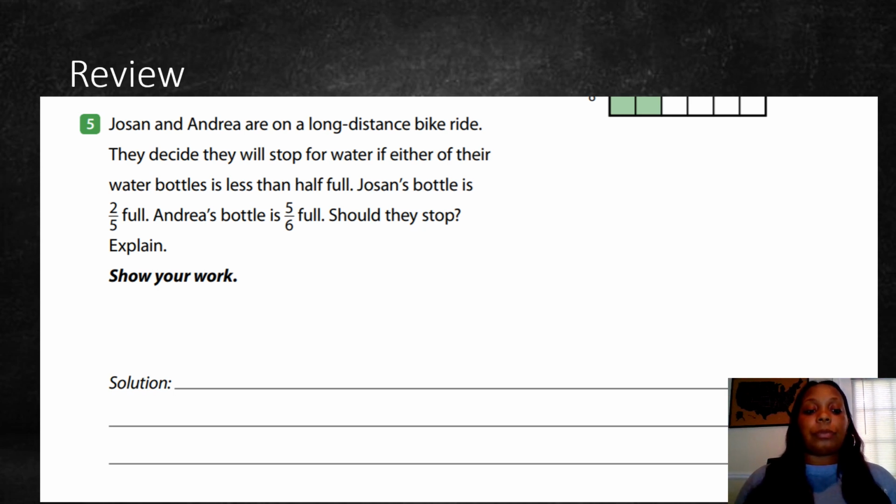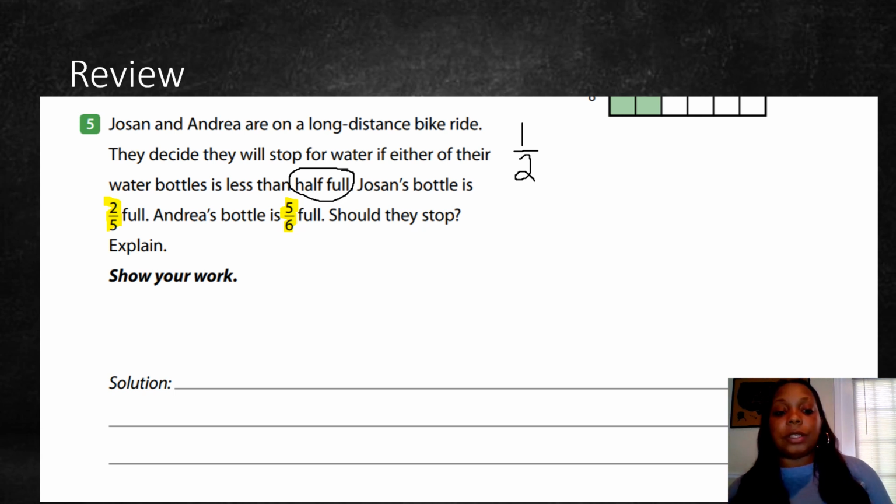So looking at the fractions that we are using here, we have 2/5 and we have 5/6. We are not adding these fractions. We are not subtracting. We're not multiplying or dividing. We are just comparing them to half full. So I'm going to write 1/2 here, but we may have to convert 1/2 so that we can compare our fractions.